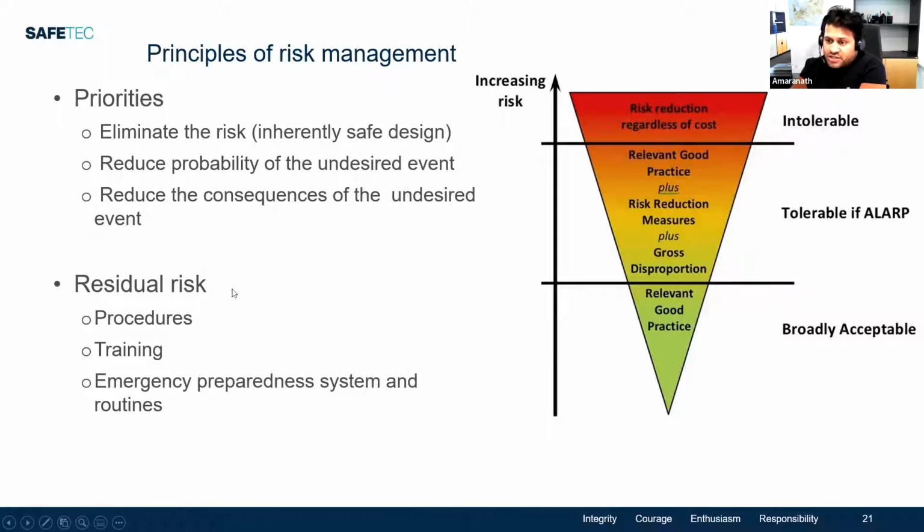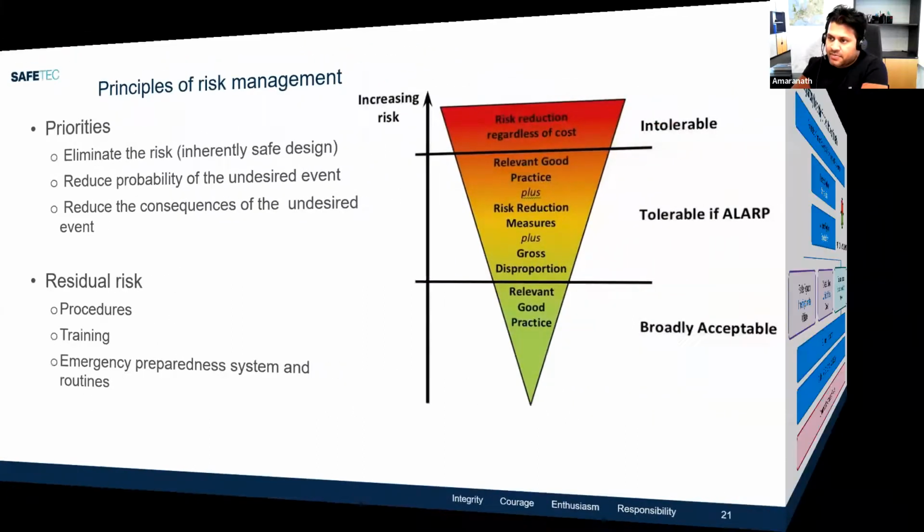And then the residual risk. When we have tolerable risk, we use alarm measures to reduce the risk, and the residual risk needs to be handled with procedures, training, and an emergency preparedness system to manage the consequences that we have from an accident.